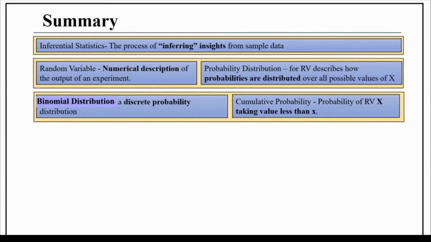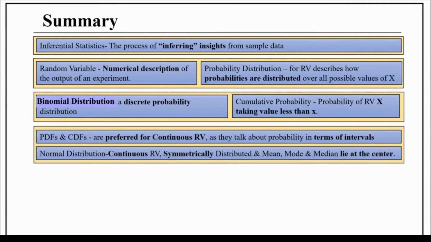Then about binomial distribution, which is the discrete probability distribution. And then about cumulative probability of random variable x, which is random variable x taking value less than small x. Afterwards about the PDF and CDF, which are the preferred for the continuous random variable, as they talk about probability in terms of interval.